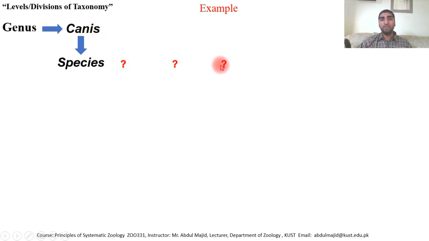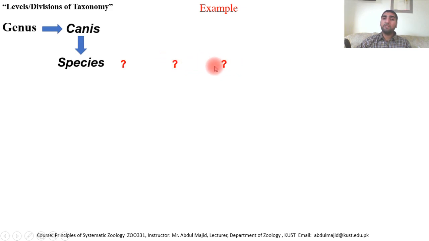What do you do? The scientist will study the characters of each of these species, and on the basis of those characteristics, he will discriminate them.